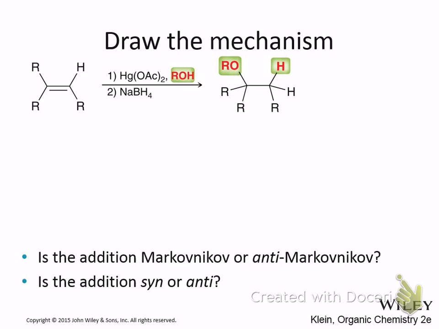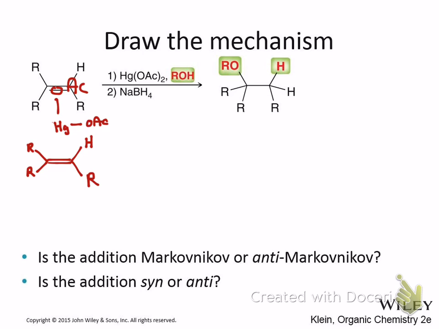So here's the mechanism. The way I do this is slightly different than what's in the book. I'm going to draw it all out. So, the mercury, the way I do it is I leave the OACs on.